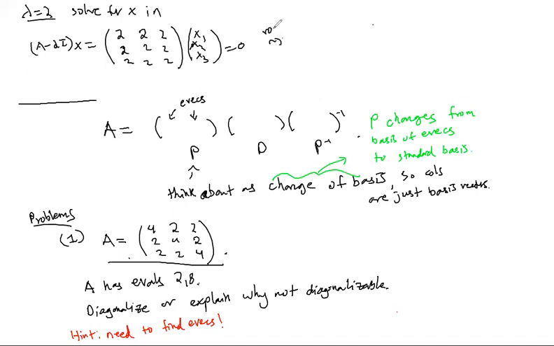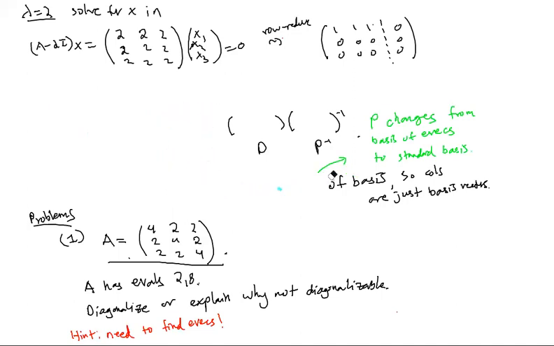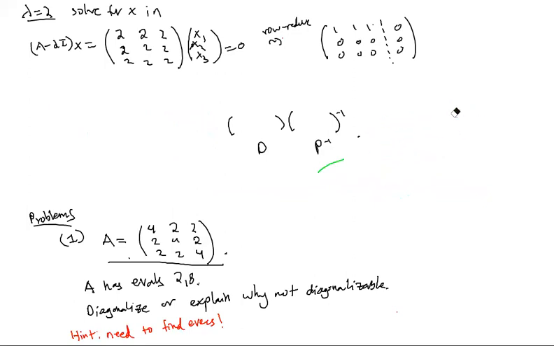So if we row reduce, we get 1, 1, 1, 0, 0, 0, 0, 0, 0. Okay, and now we can find our eigenvectors. So we have one pivot column, two free variables.